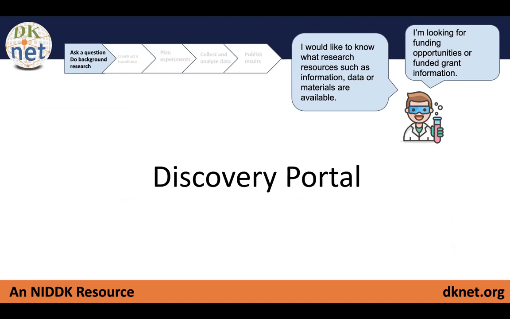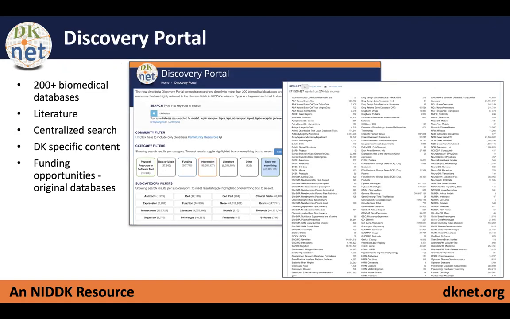As I mentioned at the very beginning, there are other aspects of the resource, in terms of providing the ability to search information across a large number of different biomedical data repositories. So in terms of doing some background research, this is our discovery portal.